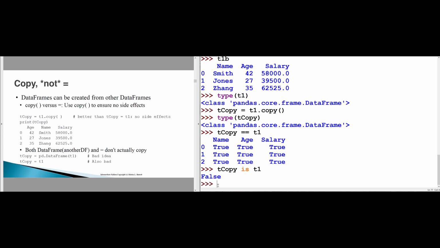You might think, this turns out not to work. You might think that you should be able to say tcopy A gets a new data frame constructed from the existing data frame.